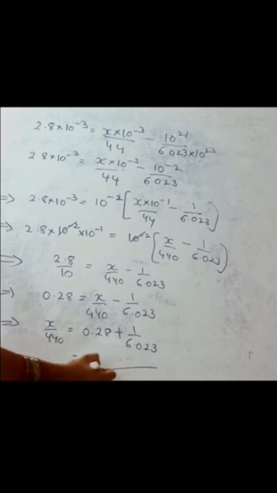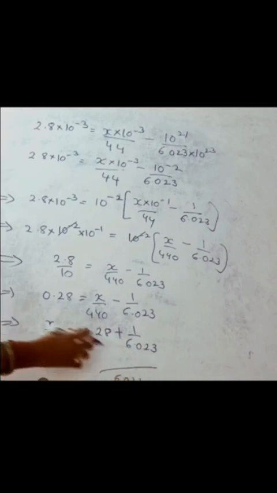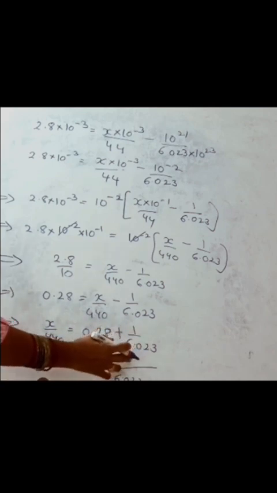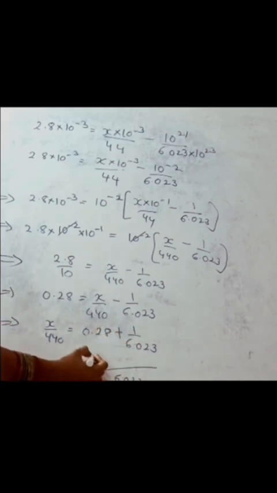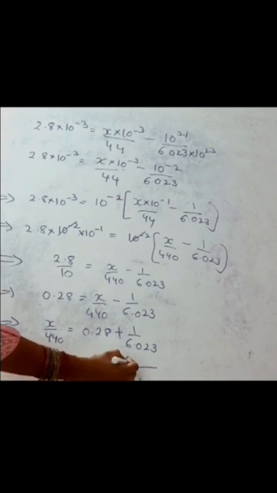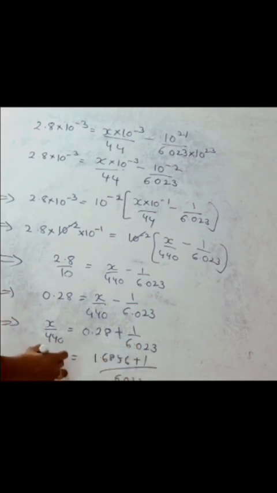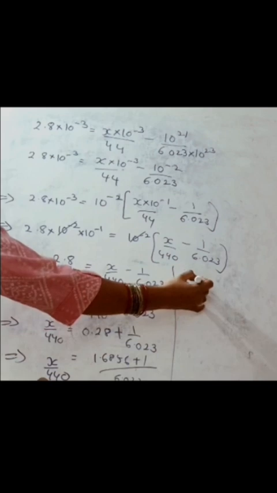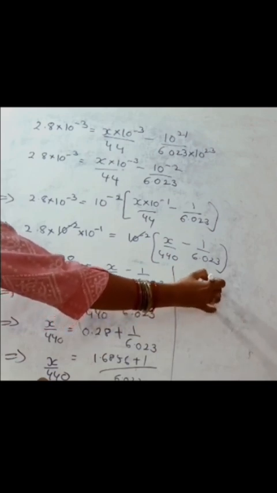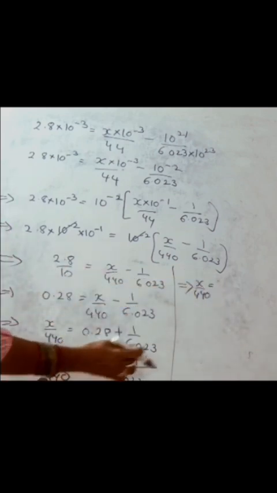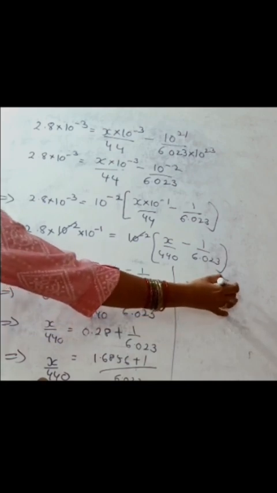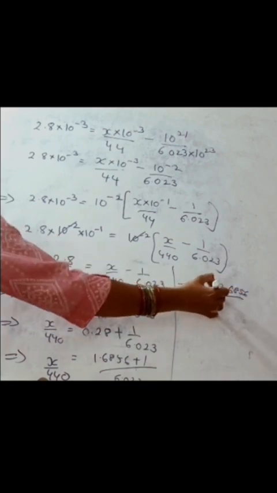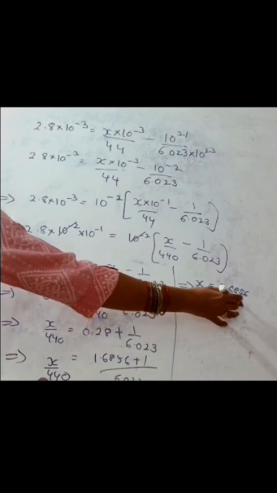Here I am doing LCM with 6.023. 0.28 into 6.023 gives 1.6856, plus 1. That implies X by 440 is equal to 2.6856 by 6.023.